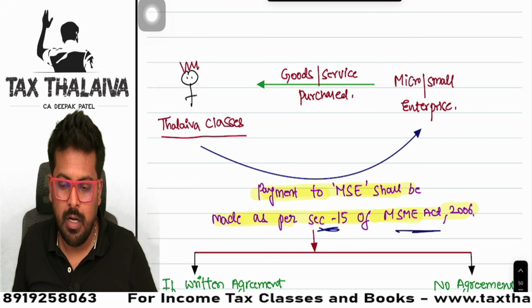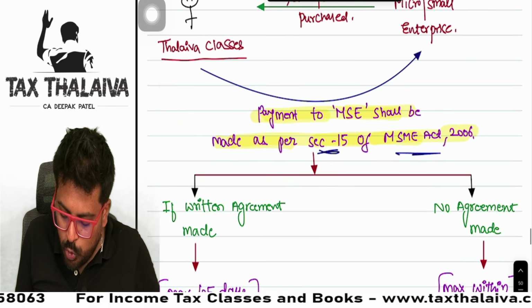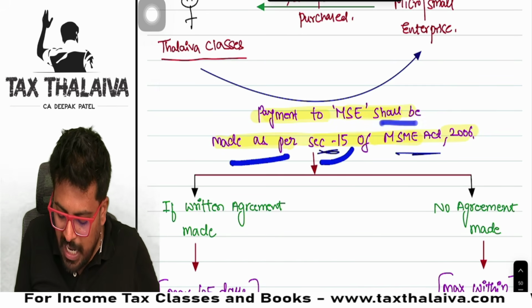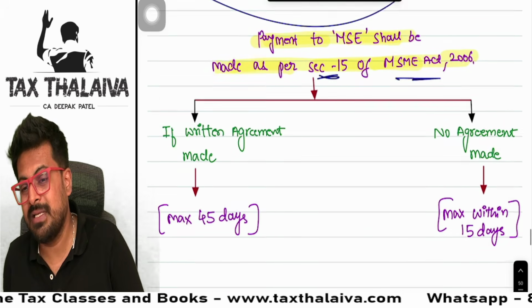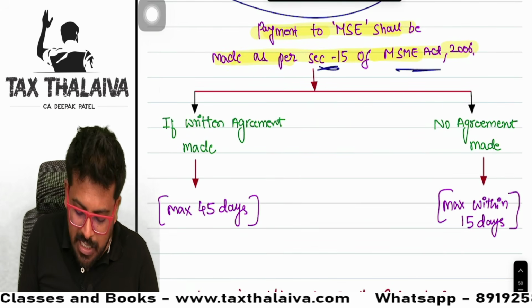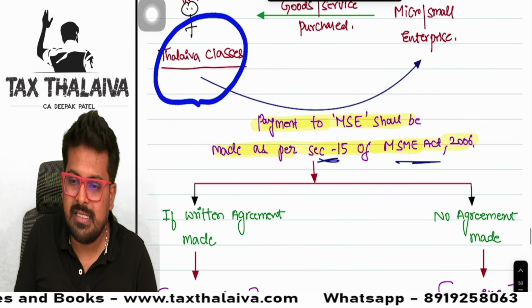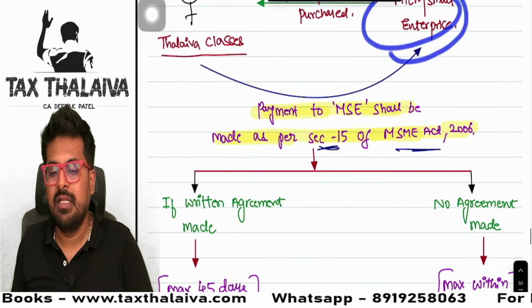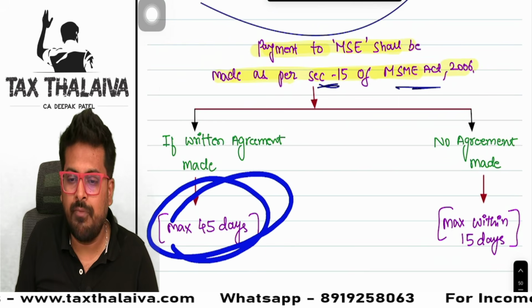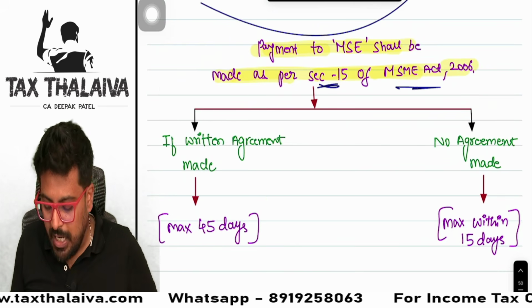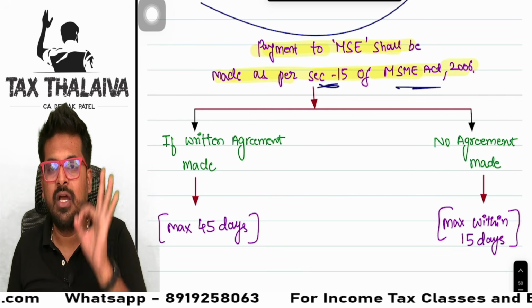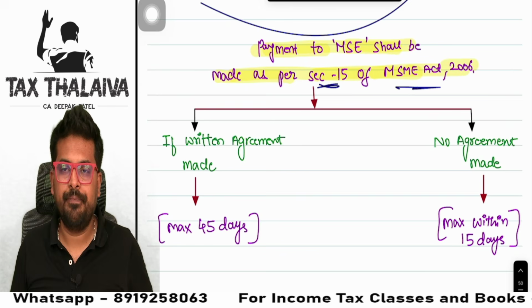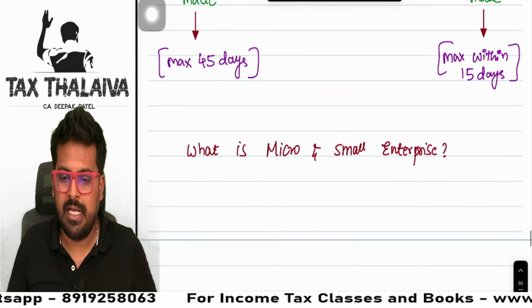Now, payment to an MSE shall be made as per section 15 of the MSME Act. What is given in the MSME Act? If there is an agreement between Thalaiva classes and this MSE, then the payment shall be made within a maximum of 45 days. If there is no agreement, then the payment shall be made within a maximum of 15 days, mind you. Are you getting it? Next.